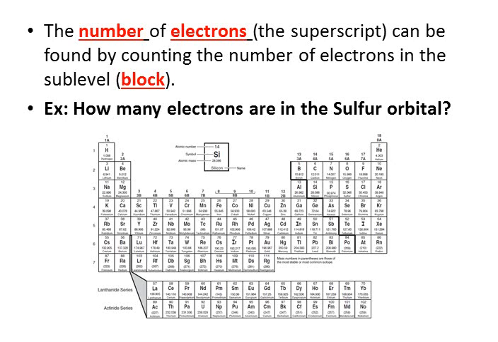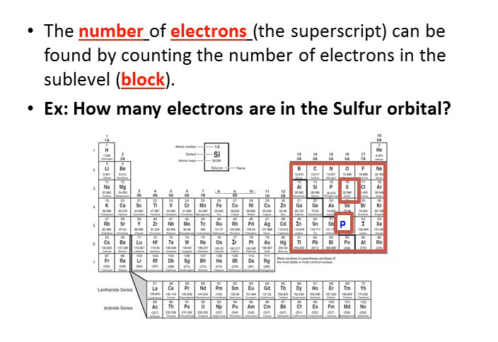The last part of my electron configuration, the number of electrons, or the superscript, can be found by counting the number of electrons in the sublevel, or the number of elements. So we had to find our element, sulfur, and we had to find the block. It's in the P block. When we're counting across, we're counting the number of elements that it takes to get there.